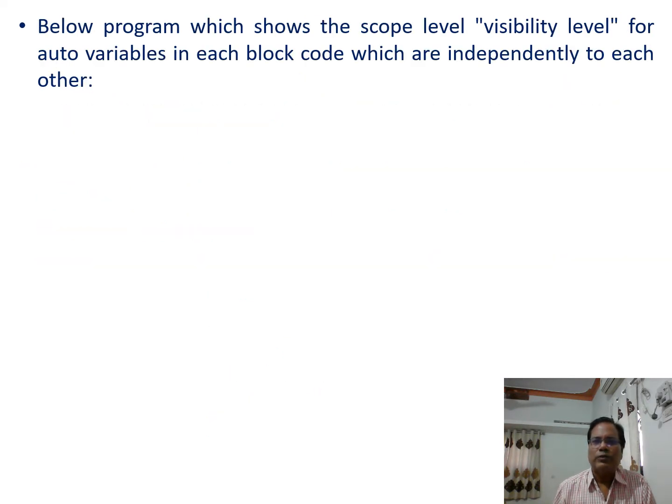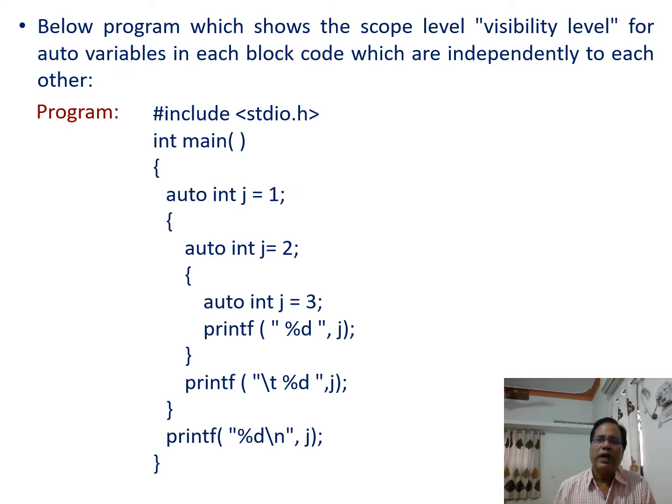The program below shows the scope level and visibility level for auto variables in each block of code, which are independent of each other. In this program, there are three blocks, and in each block the name of the variable is the same.